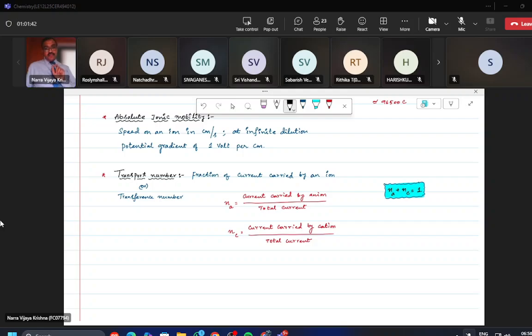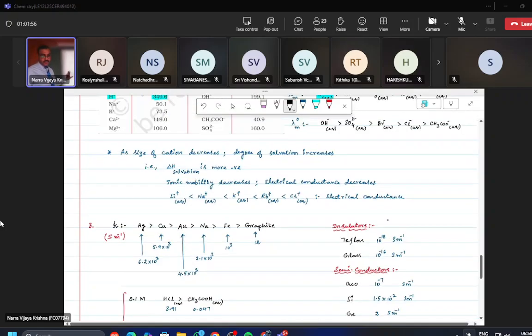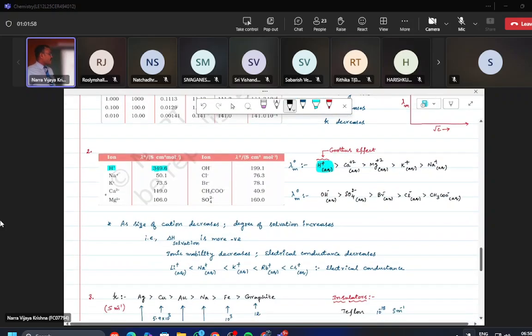Again, listen. If there are different types of anions, as long as OH minus is present, among all anions, which anion shows electrical conductance? Current is due to only OH minus ions.